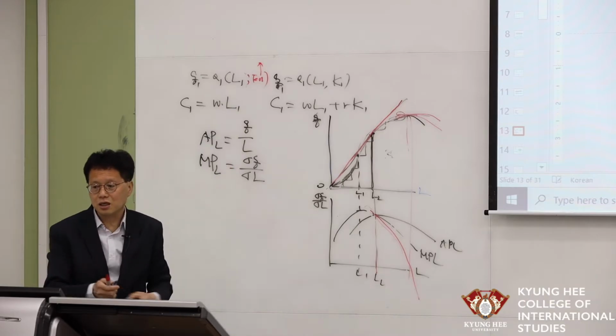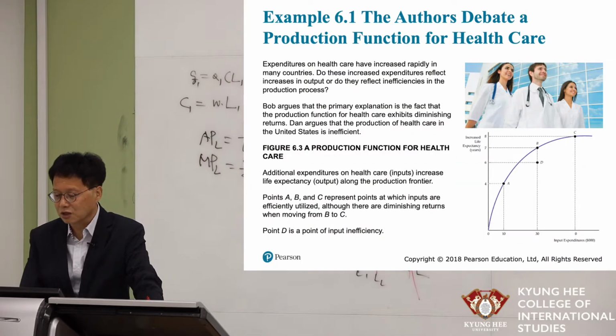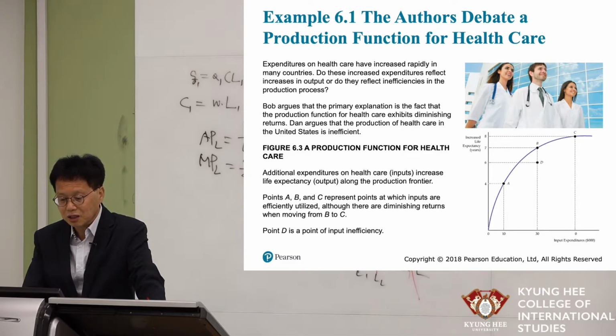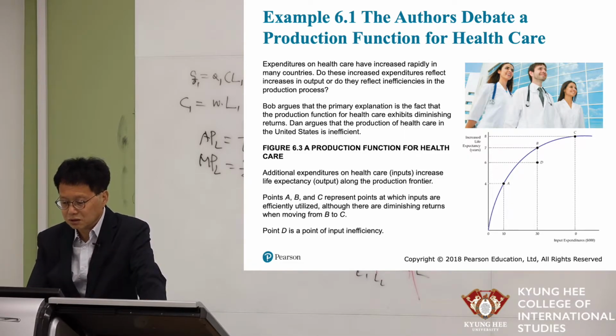But in the United States, there is also the view that expenditure happens as input here, but total production should be at point E, and instead it is at point D. Then inefficiency of input matters. So there are two ways to look at the debate in the United States, okay?